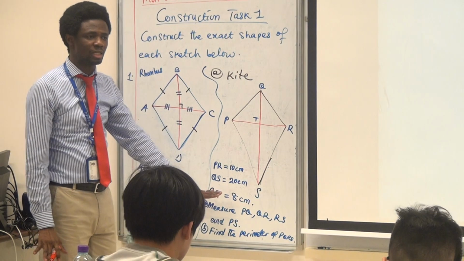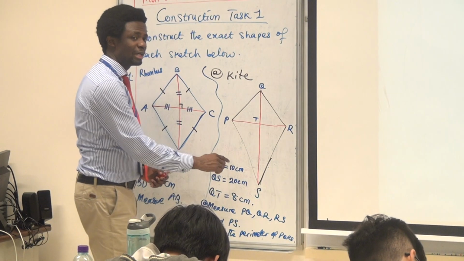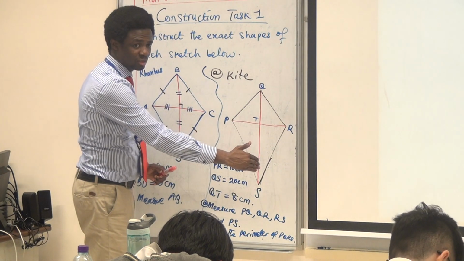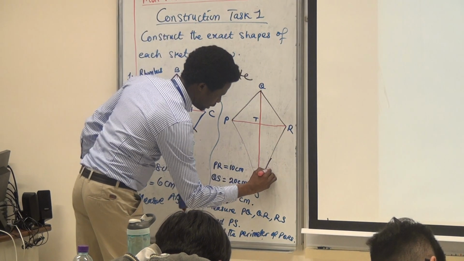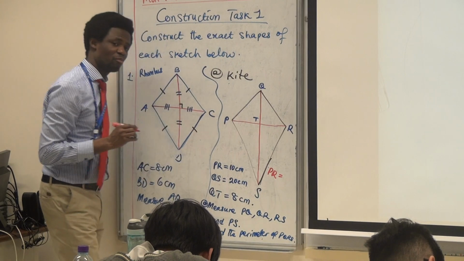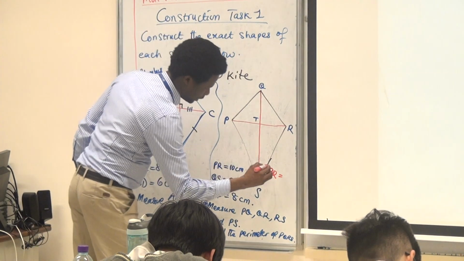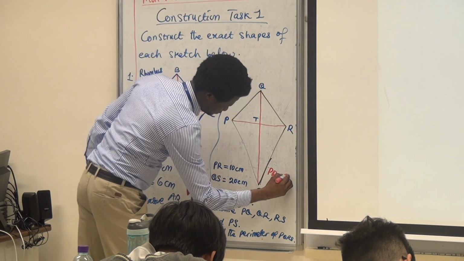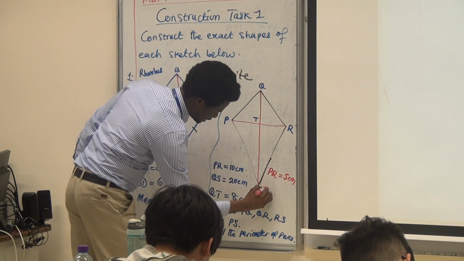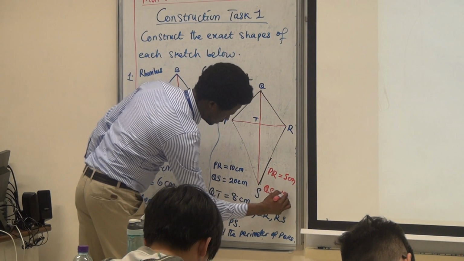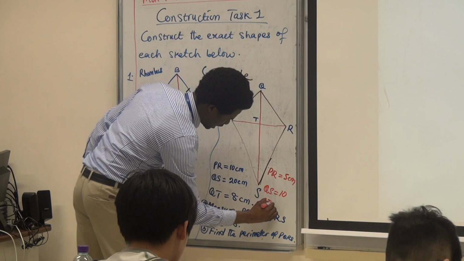Continue if you have done this. So I'm going to just write the other one in red by the side. Okay? So I write PR as an alternative measurement. Maybe I just scale it down. Divide by 2, so that's easier. QS, I write as 10, then QT, I write as 4.